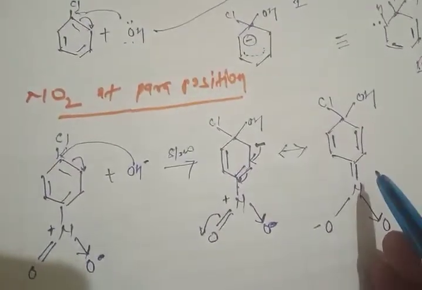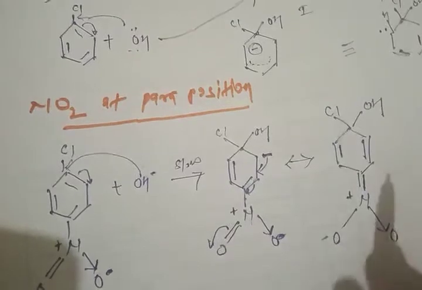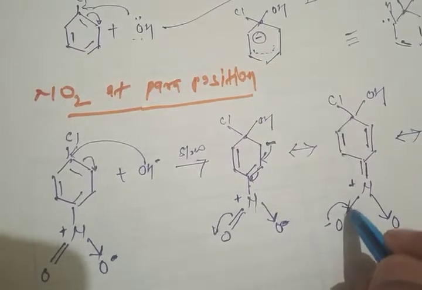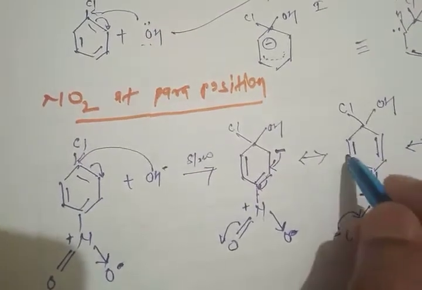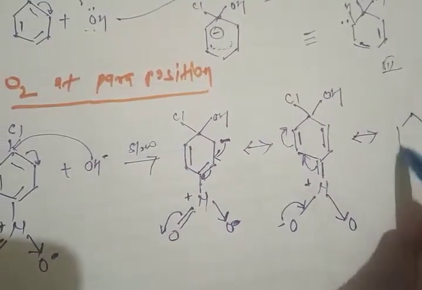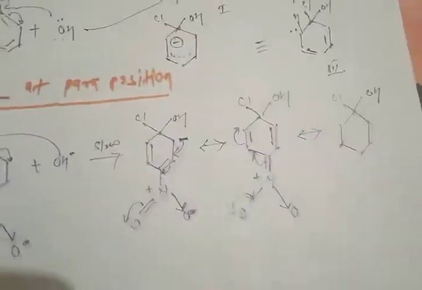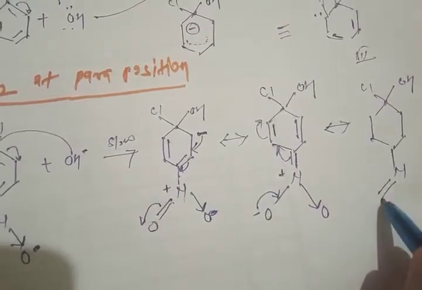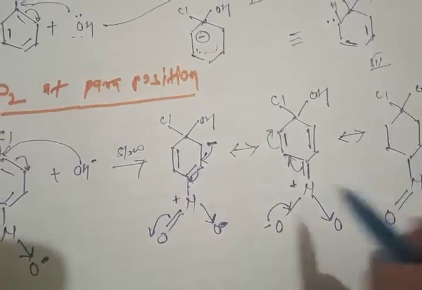And then this is a positive charge. Now what happens in the next stage? In the next stage, again this will shift to this side, and this pi electron will shift to this side, and this will go to this side. So here this will give you Cl, OH, and nitrogen with a double bond oxygen, coordination bond oxygen, and this is already shifted to this side.